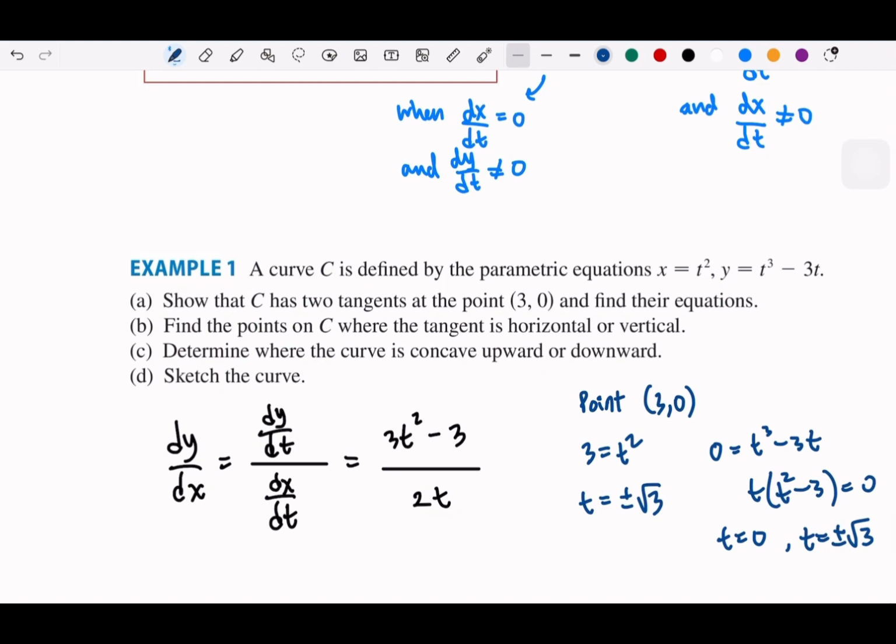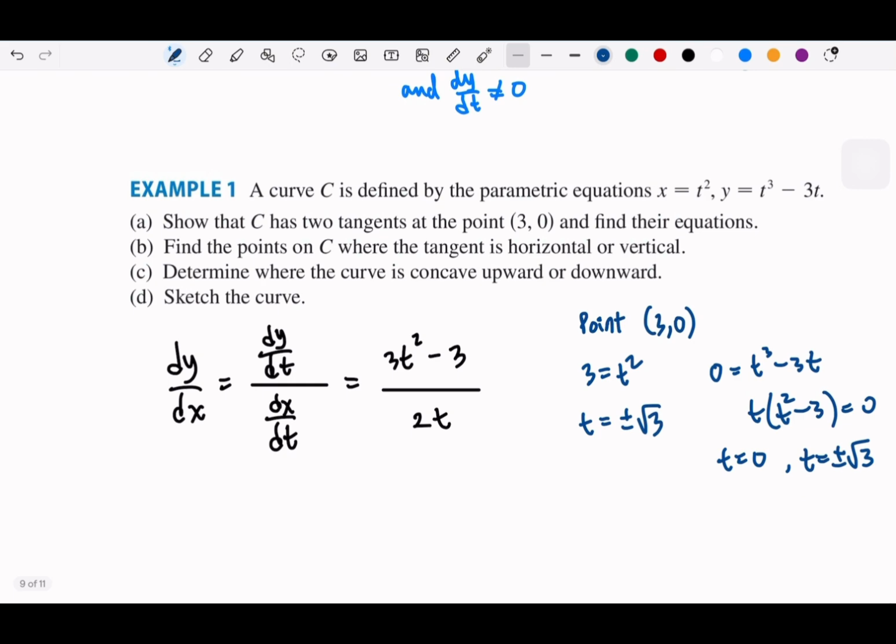So we have plus or minus the square root of 3, which is the same as here, and t equals 0. So we have 3 t values. That is on (3, 0), and then we find their equations. Now we put all the t values into the tangent equation. So we start by taking t equal to positive square root of 3.